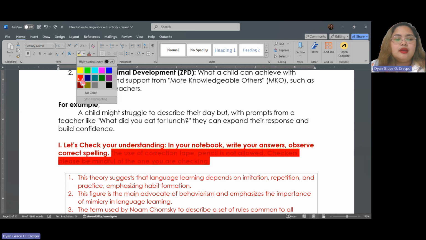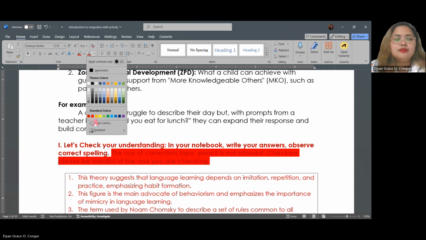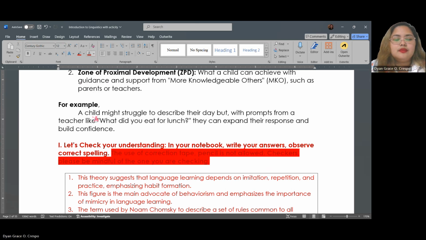Anyway, this should be read, so you don't need to use this one. Oh, wrong one, sorry. So you don't need to follow that one. Let's check your understanding. In your notebook, write your answers.